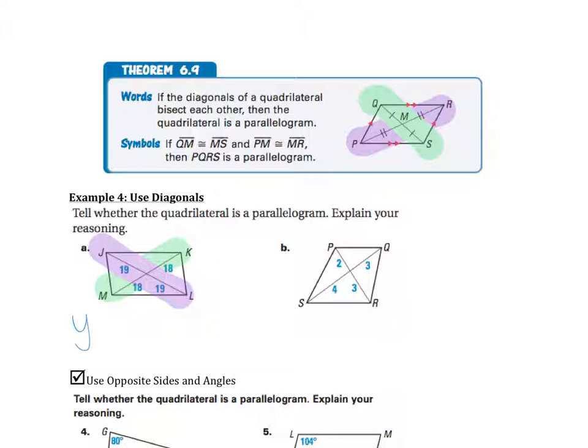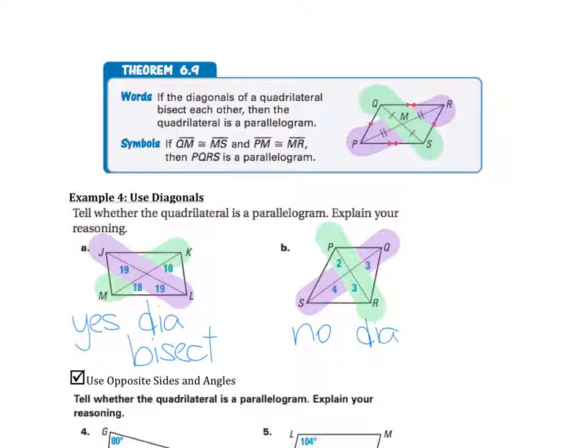Do you have congruent within the purple? Yes, you do. And the diagonals bisect. Diagonal SQ, diagonal PR. Do you have congruent segments within each of the diagonals? No. So the diagonals don't bisect.